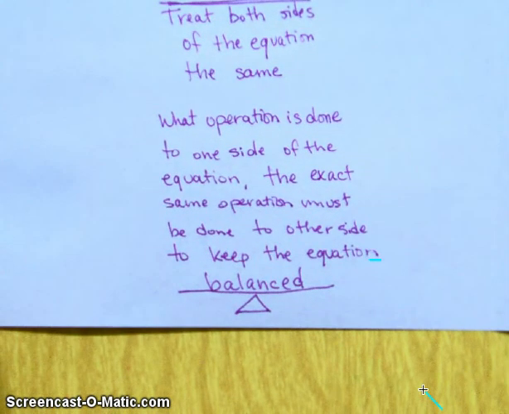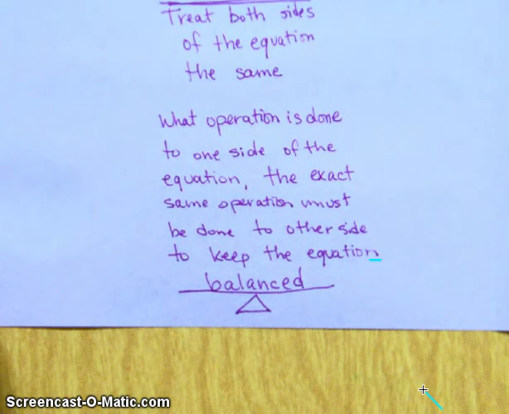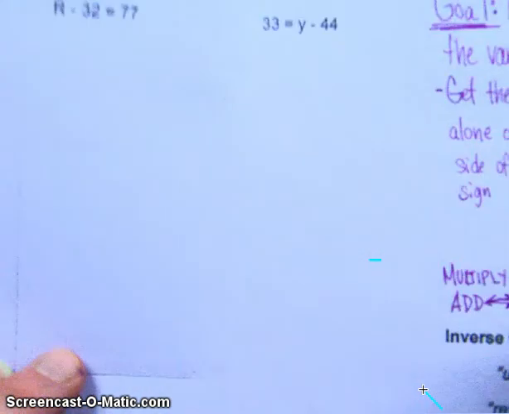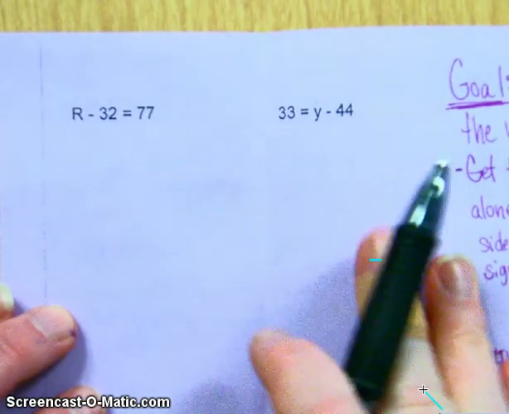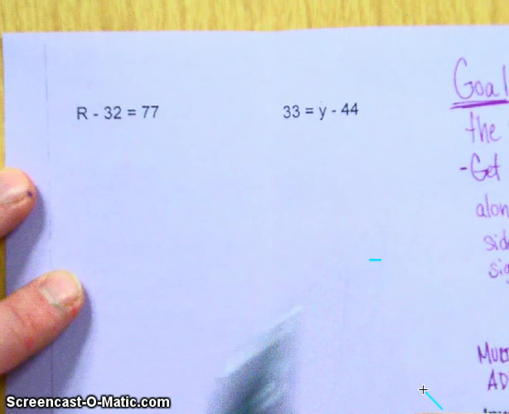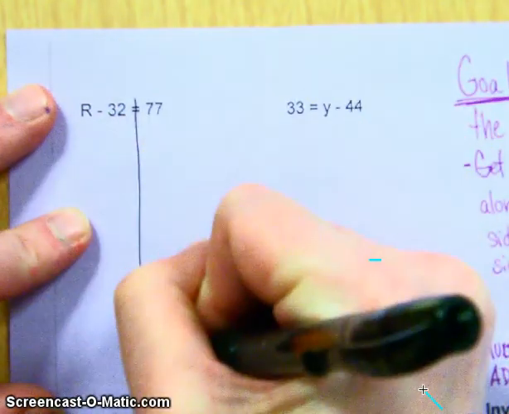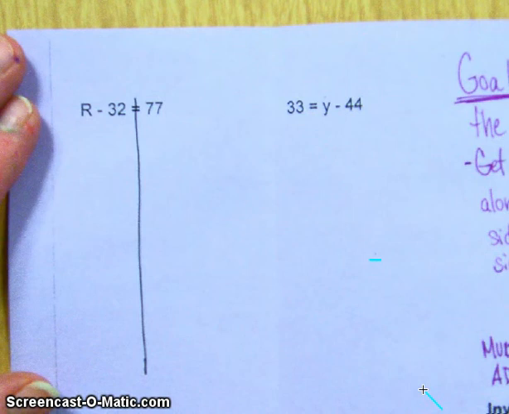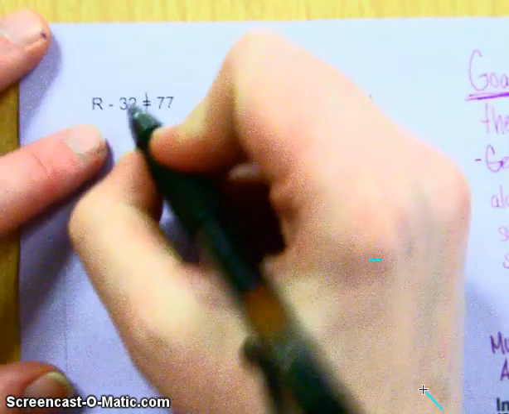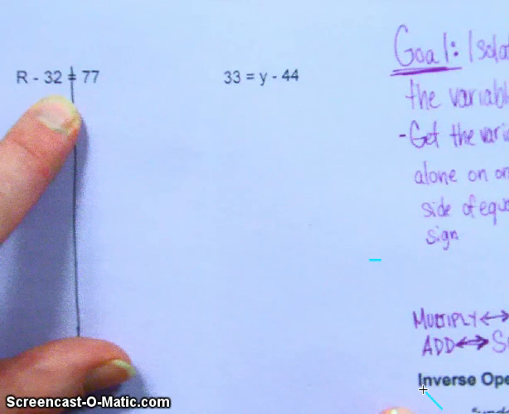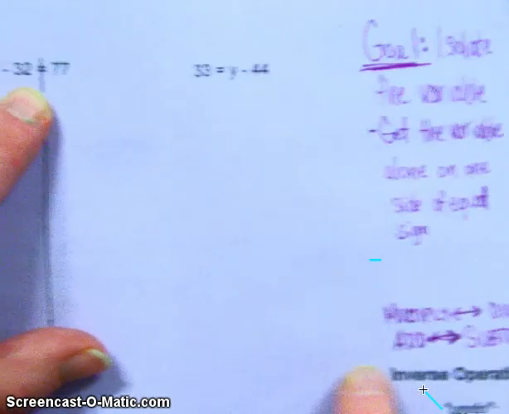There we go. So now let's actually solve some equations here. Up here in the top left corner, we've got r minus 32 is equal to 77. So I'm going to start by drawing myself a line at the equal sign. I have r minus 32. Well, the inverse of subtract is add.